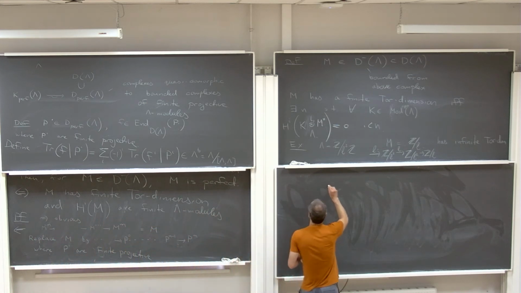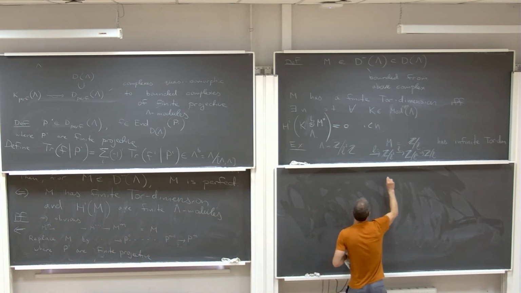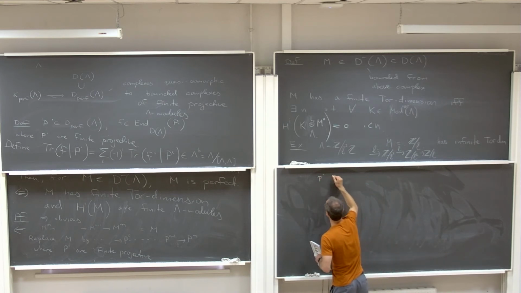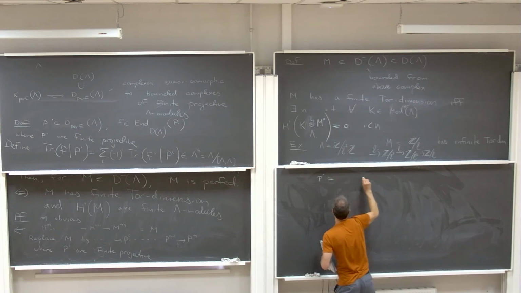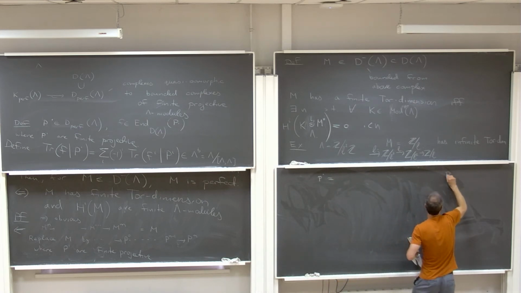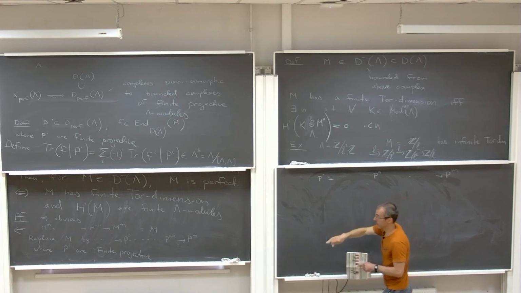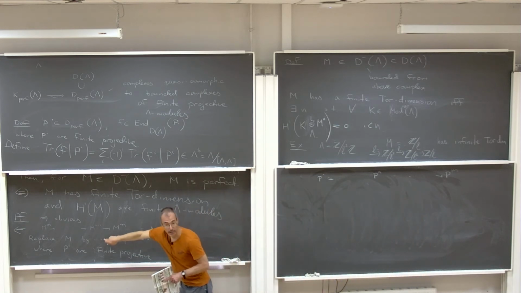So that means that P is quasi-isomorphic to the following complex. I have Pm up to Pn, and I take this infinite complex and truncate it in degree n.